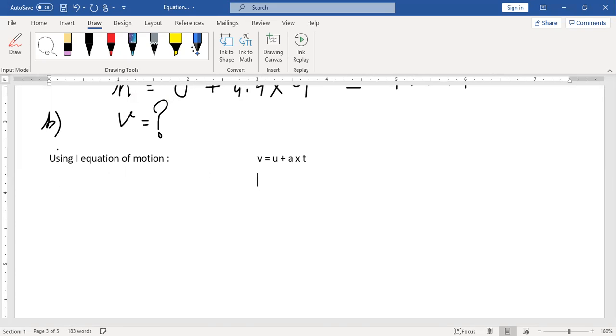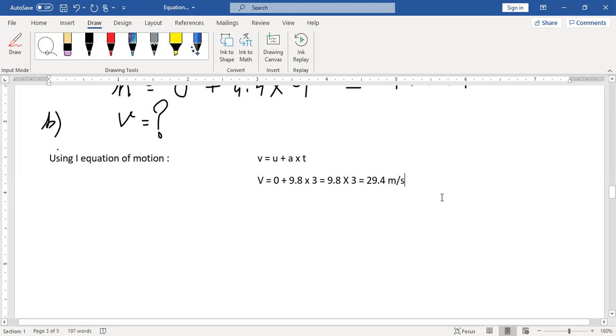So we have to find final velocity. u is 0, acceleration is plus g, that means 9.8 multiplied by time, 3 seconds. So 9.8 multiplied by 3 will be equal to 29.4 meters per second. So this is your answer for final velocity.